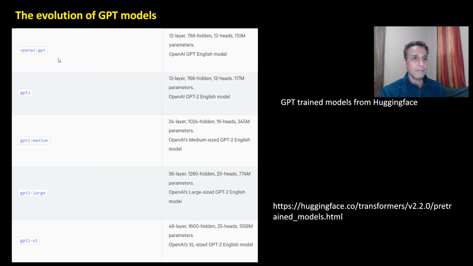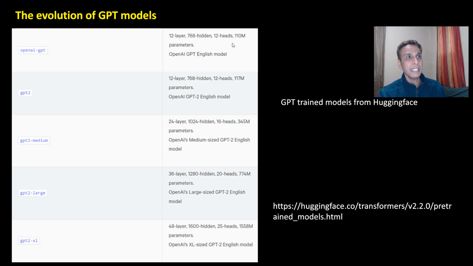This starts from 2019, and this evolution took not decades, we're talking about a few months in some cases. So I'm just showing you two things: the original GPT model, GPT-1, and GPT-2, original, medium, large, and XL.